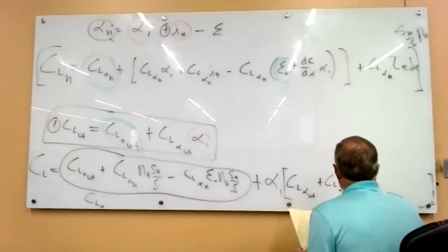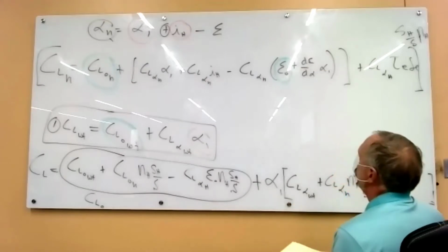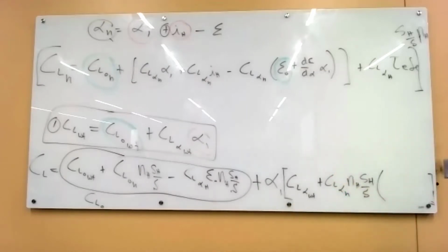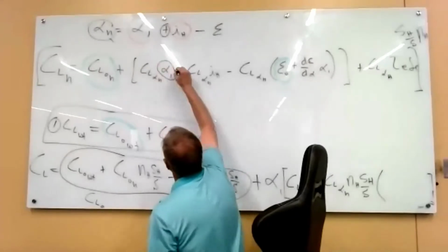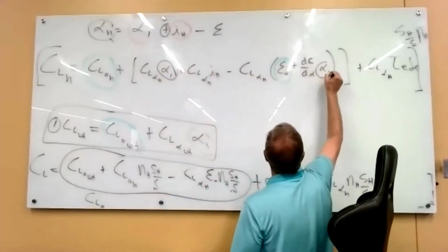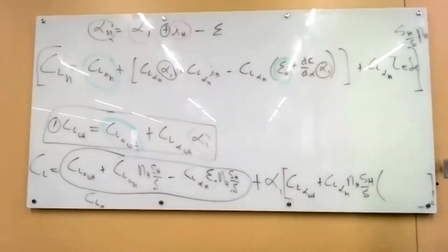Here's all the horizontal tail stuff. And we got two of those. One of them is this term here. Guess I didn't circle these in red. And the other one's that term there.